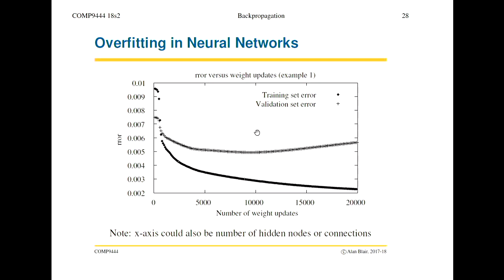That means you're pretending that it's a test set. You're not training on that data, but you're just using it to see what the generalization is. So you want to choose a value before the error on the validation set has started to increase.